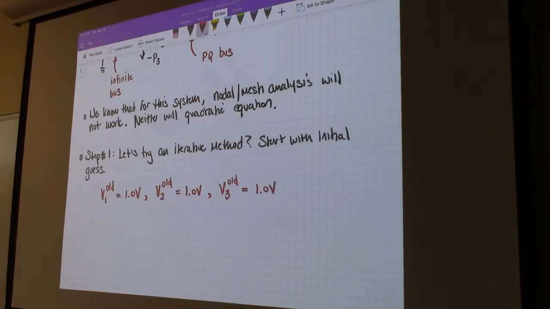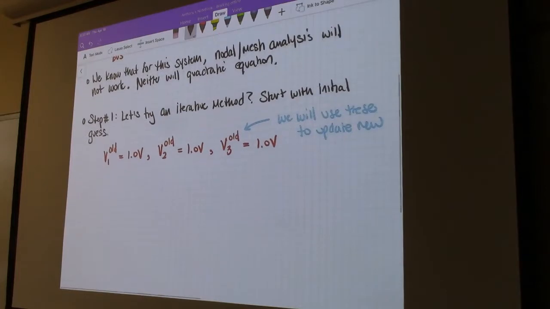So I'm just going to guess that all three of them are 1.0 volts. What does old mean? It essentially means it's the first value that we have, and we'll call the next one new. Later on, we'll start using iteration numbers. We'll call them the 0th iteration, first iteration, etc.